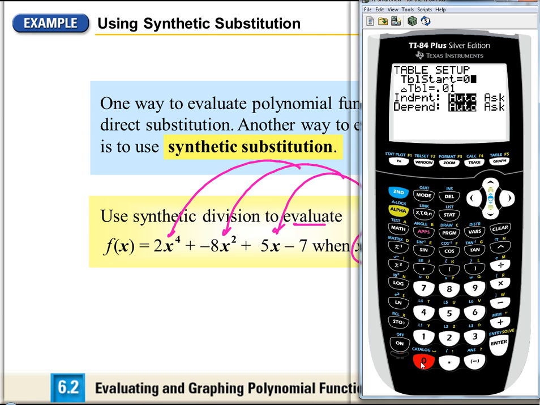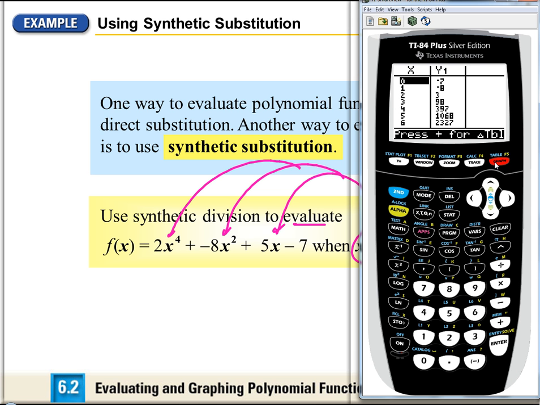And delta table means, what are my increments of x going to be? I want to go in increments of 1. So delta table is 1. And now if I go back to second table, look what it does. For all these x values, it's giving me back the y values for that function.